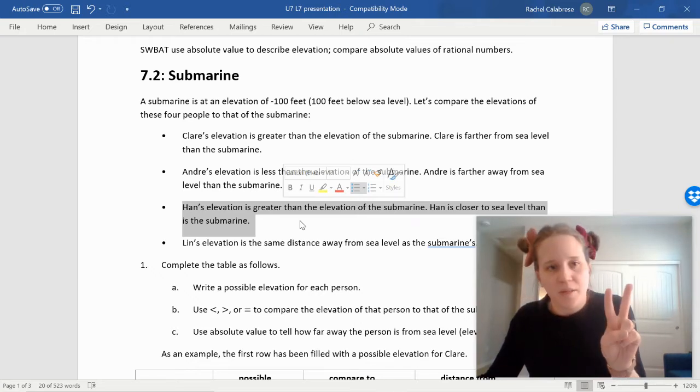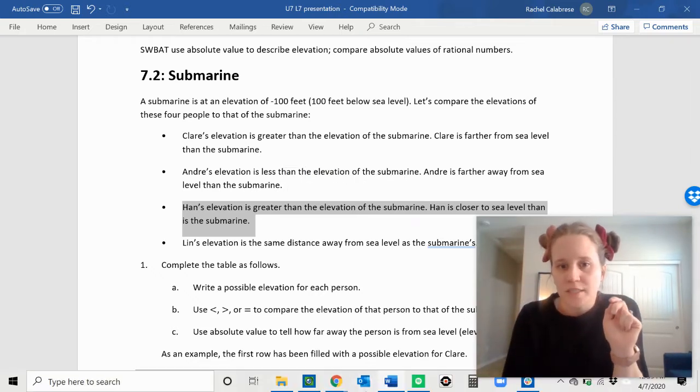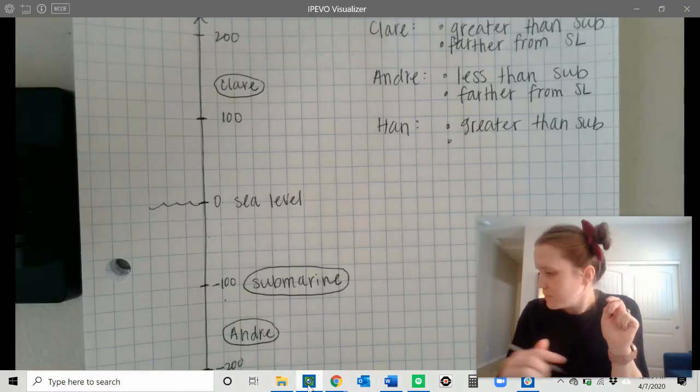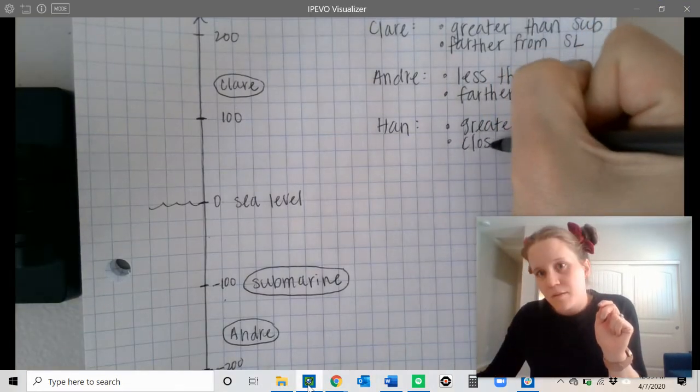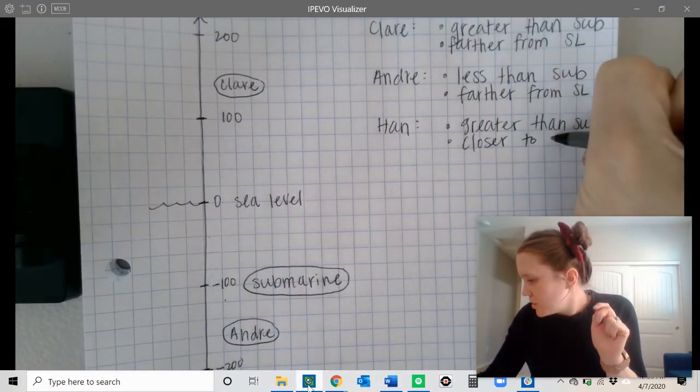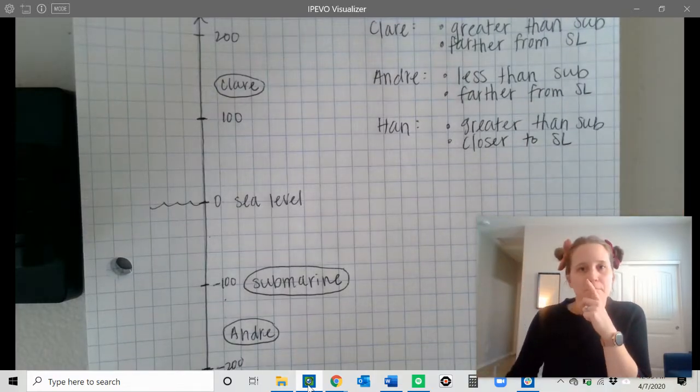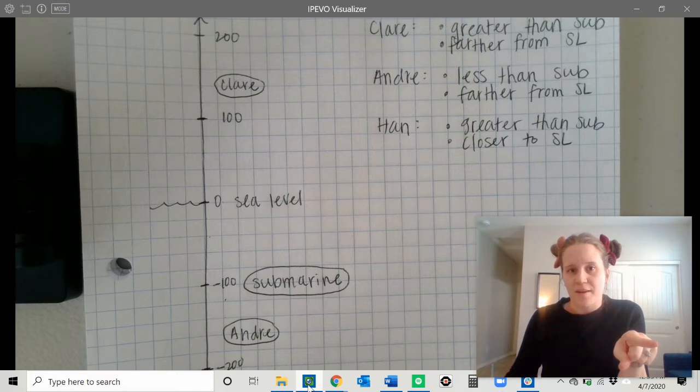And my second bullet point says closer to sea level. So where could Han go? Go ahead and choose a spot for Han.